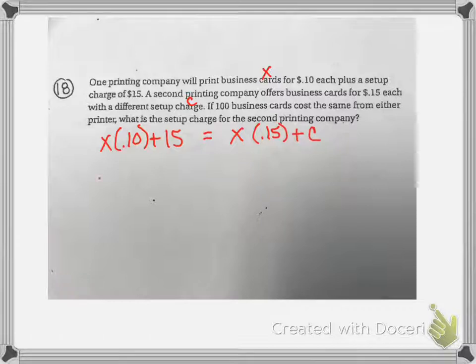Okay? So X is our cards, C is our charge. We have 100 business cards, so X is equal to 100.